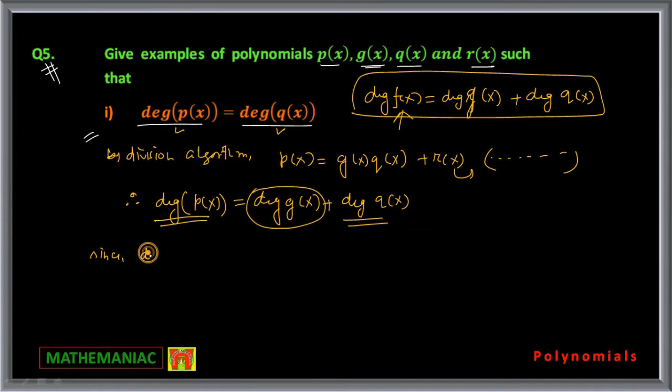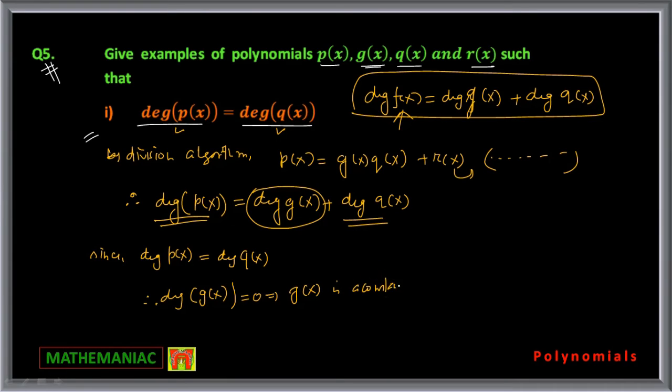So since degree of p(x) is equal to degree of q(x), therefore degree of g(x) must be equal to 0. That means g(x) is a constant. g(x) is what?